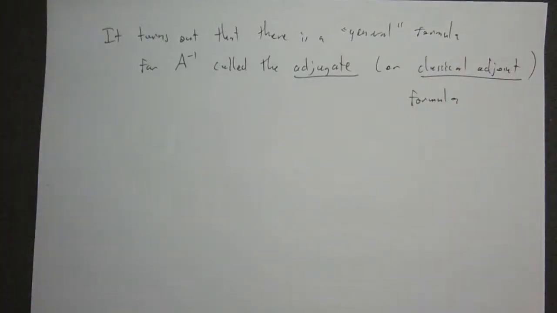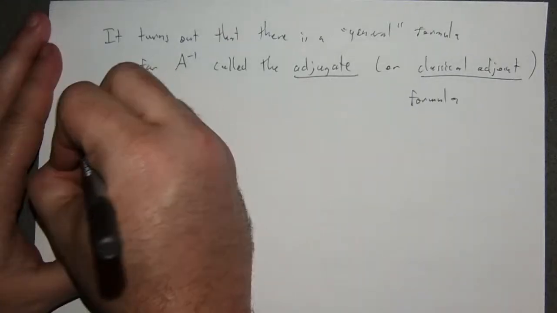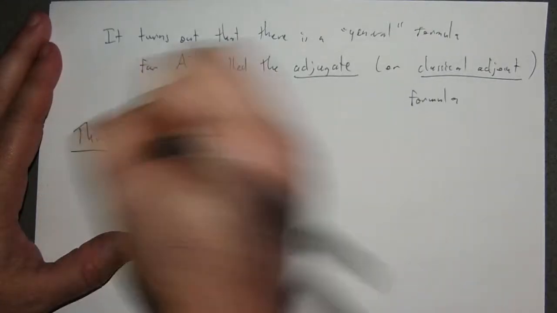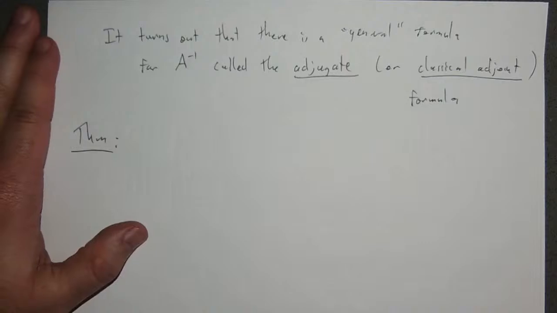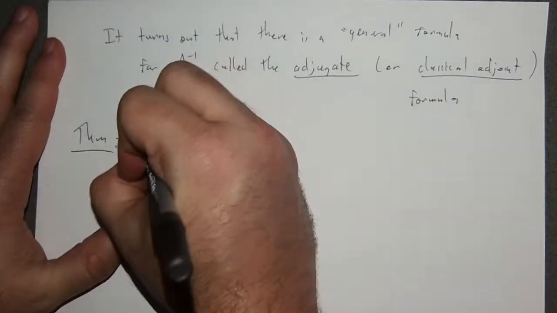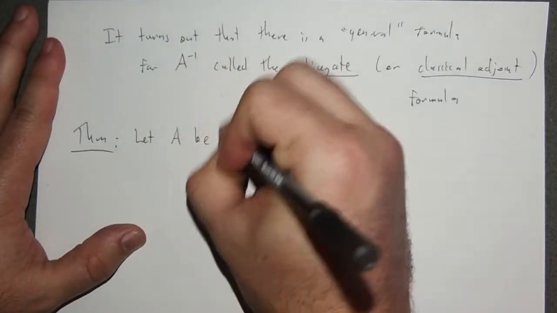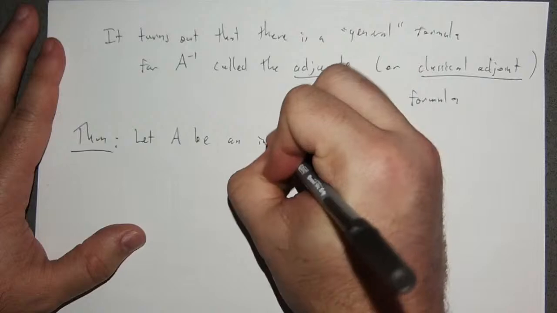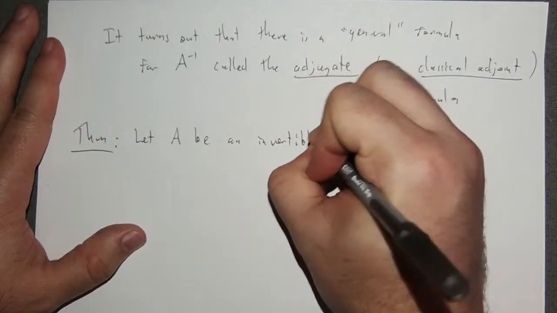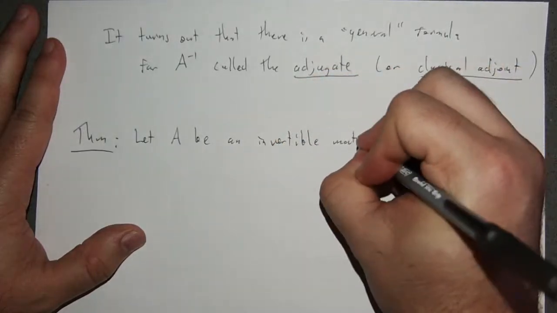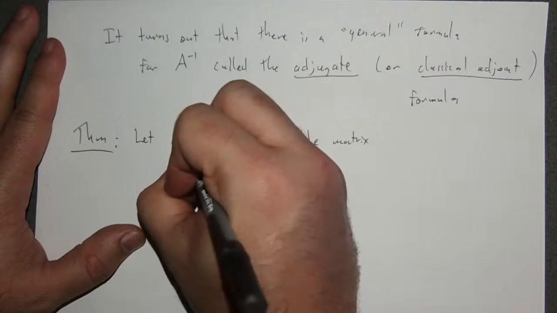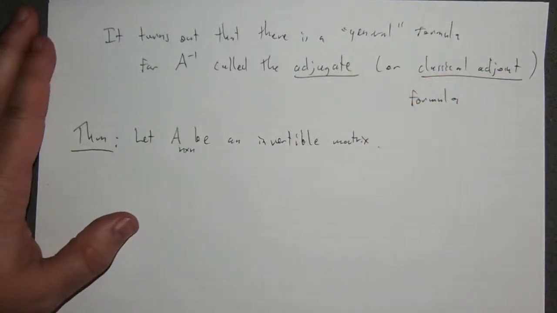So what is this? Basically, here it is. Let A be an invertible matrix, and we'll say it's an n by n matrix.